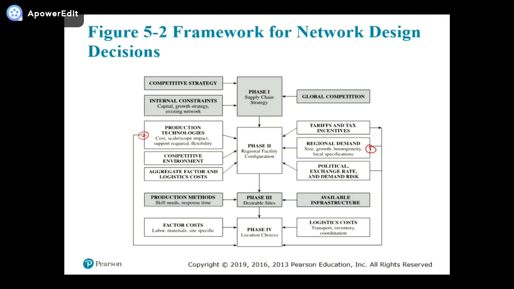And then following that, we're going to identify risks that are involved. So that could be related to political, exchange rates, and demand risk. And then the policies.